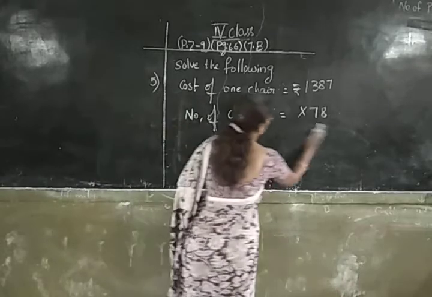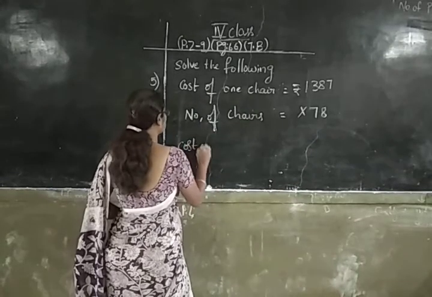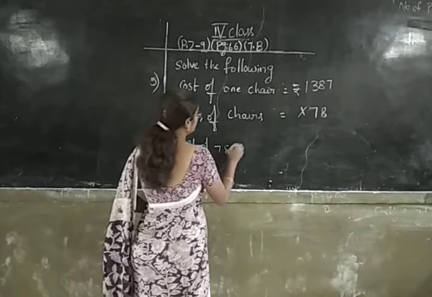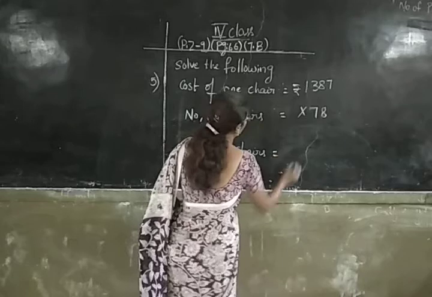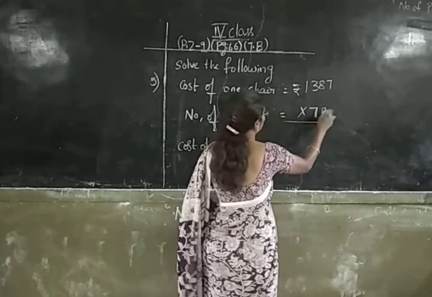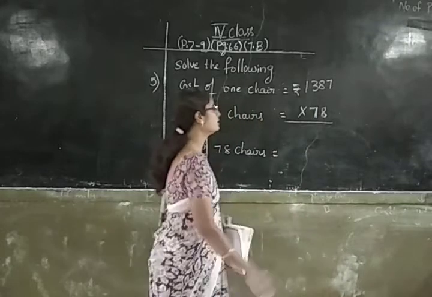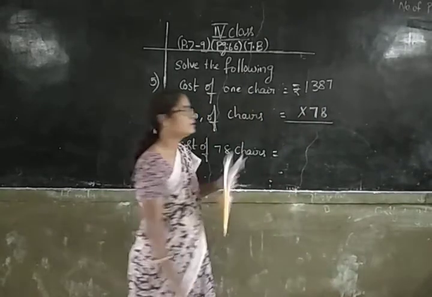Now let us find out the cost of 78 chairs. First we have to multiply the whole number with 8. Then we have to multiply the whole number with 7. And then add the products.